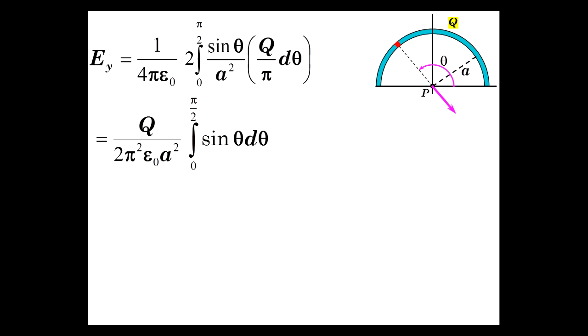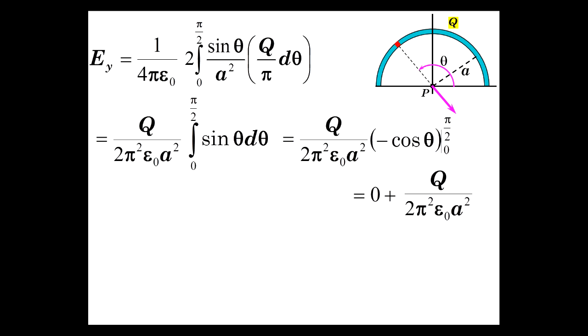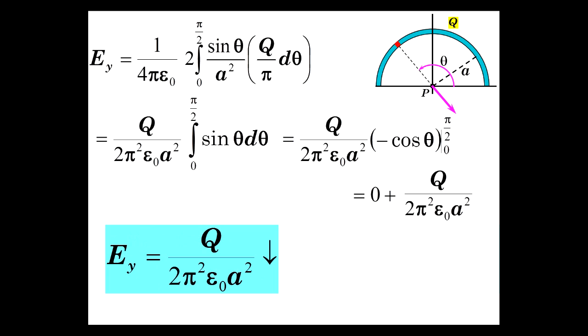And integral from 0 to pi over 2 of sine of theta d theta, which is negative cosine, from 0 to pi over 2 gives us 0 plus q over 2 pi squared epsilon 0 a squared. So that is our answer. And if we want to replace our 1 over 4 pi epsilon 0 with k, in this particular case, since we have epsilon 0 and 2 pi squared, just saying k makes it look a little simpler.